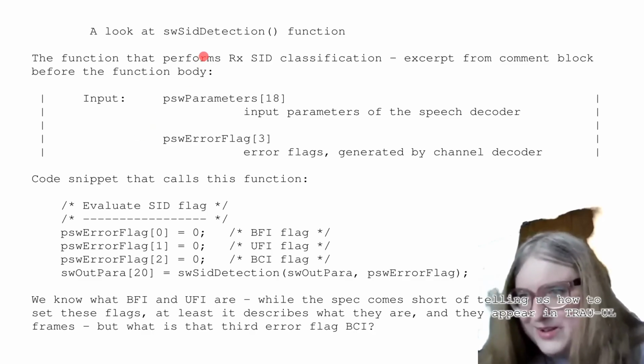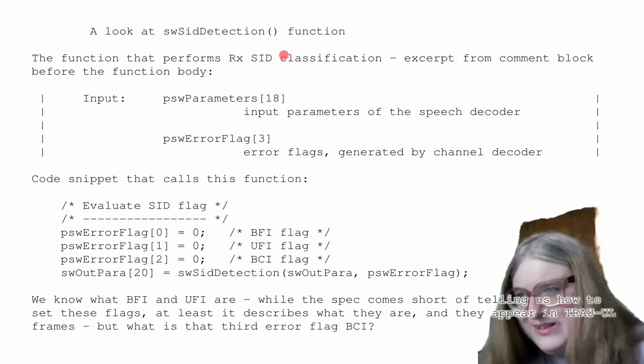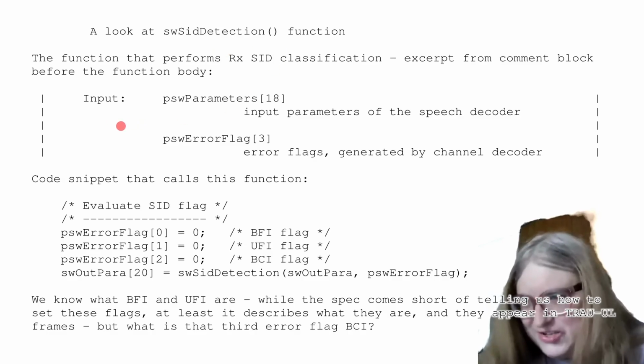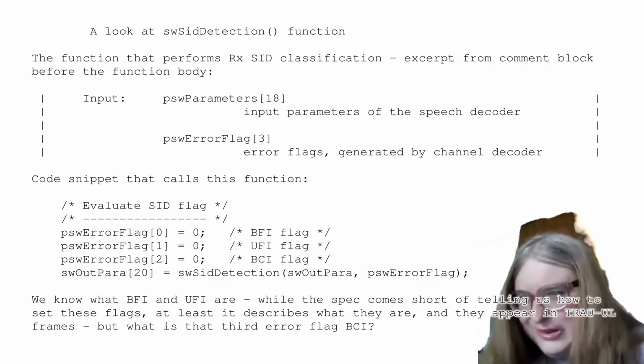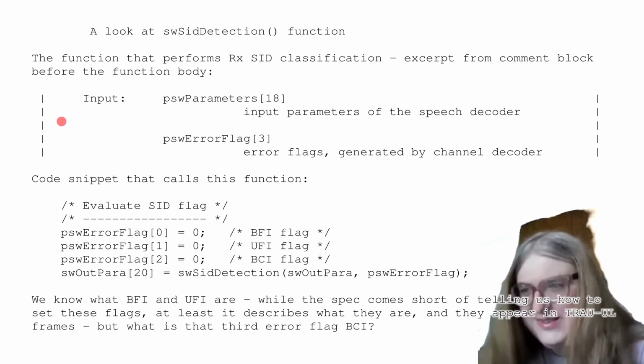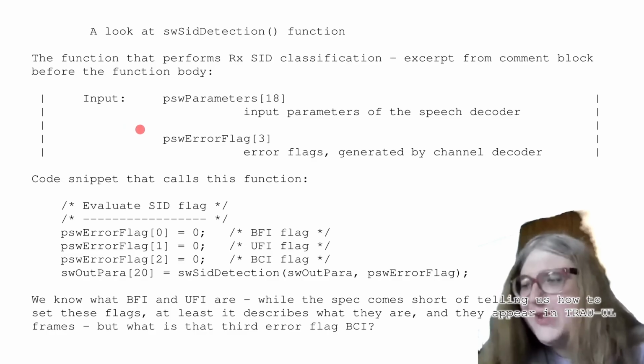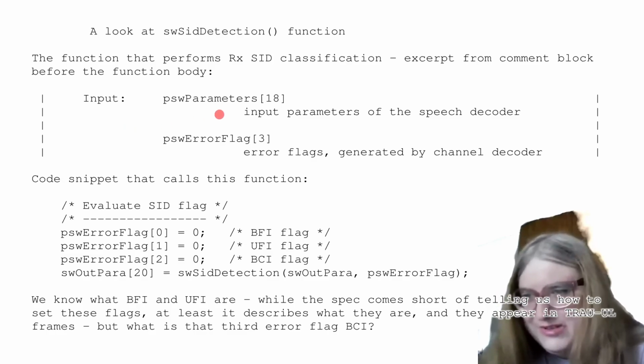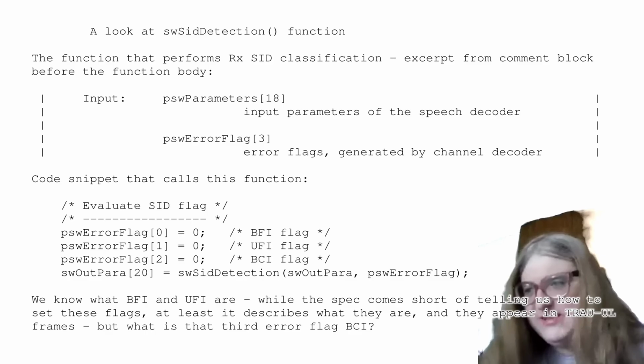But this function here, that's the one that does the RX classification. And before we look at the actual code, we'll look at the comments. So first, we'll look at the arguments. What are the arguments going in? Okay, well, this part is obvious. So you have the bits that come in.